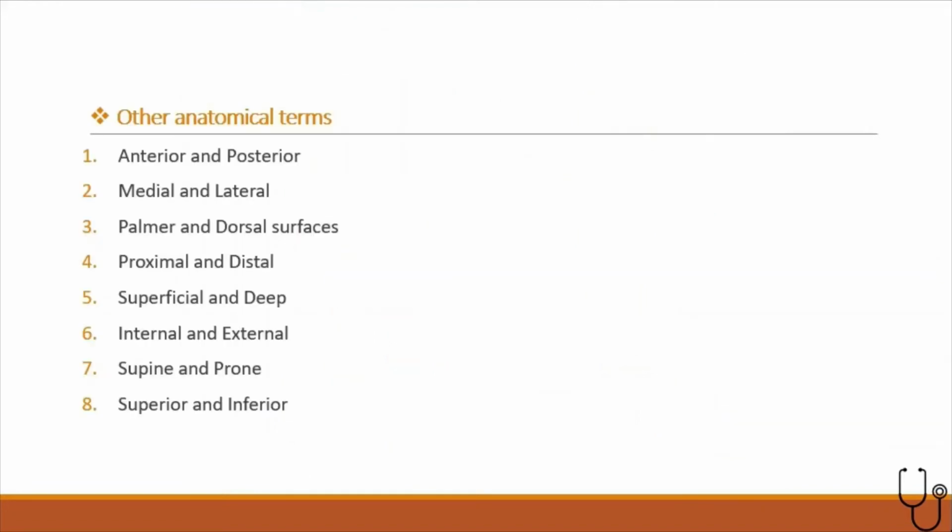The next one is medial and lateral. We discussed it. Medial means the structures near to the median sagittal plane, and lateral means the structures that lie far away from the median sagittal plane. So that is the meaning of medial and lateral. Then the next one is palmar and dorsal surfaces.